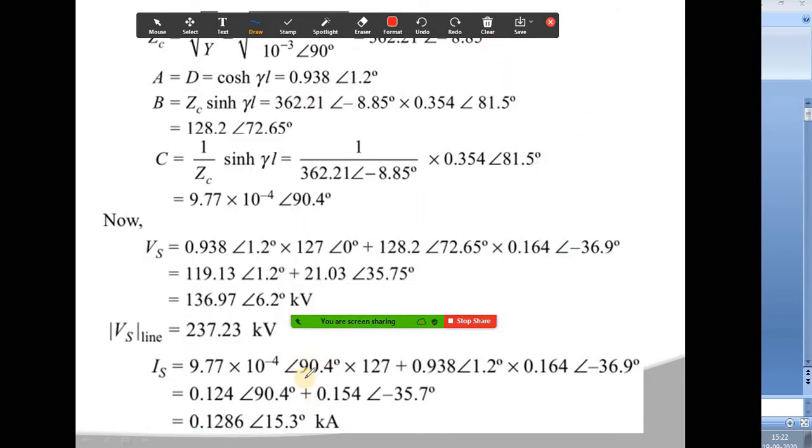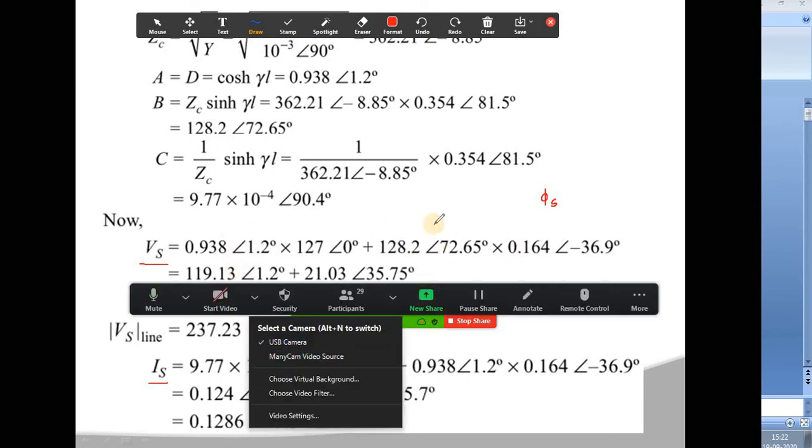Now you calculate the sending end power factor. To calculate it, you need to find the sending end power factor angle phi s, which is the angle between your sending end voltage Vs and sending end current Is. So what is the angle between Vs and Is?